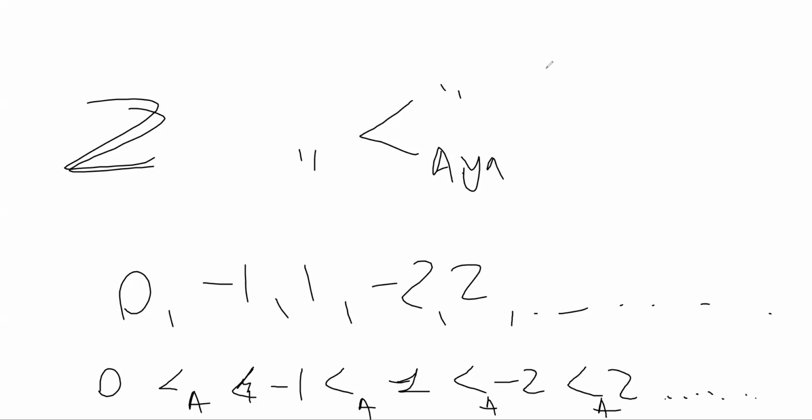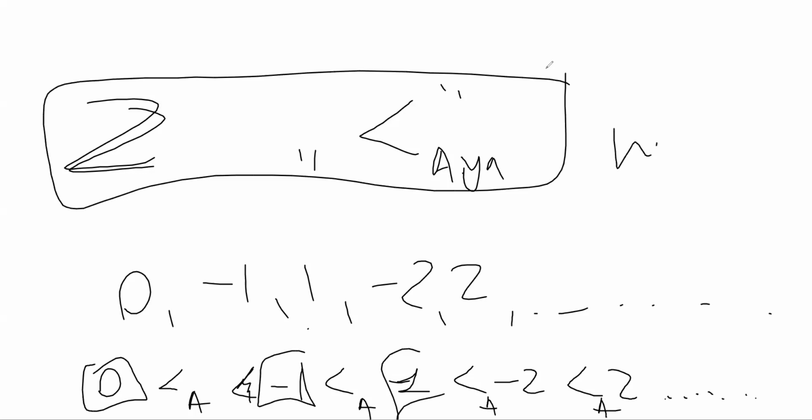So it's a new order. And using this order, any of my subsets always would have a smallest element. Sometimes it would be 0, sometimes it would be -1, and so on. So in this case, Z is well ordered with a specific ordering.